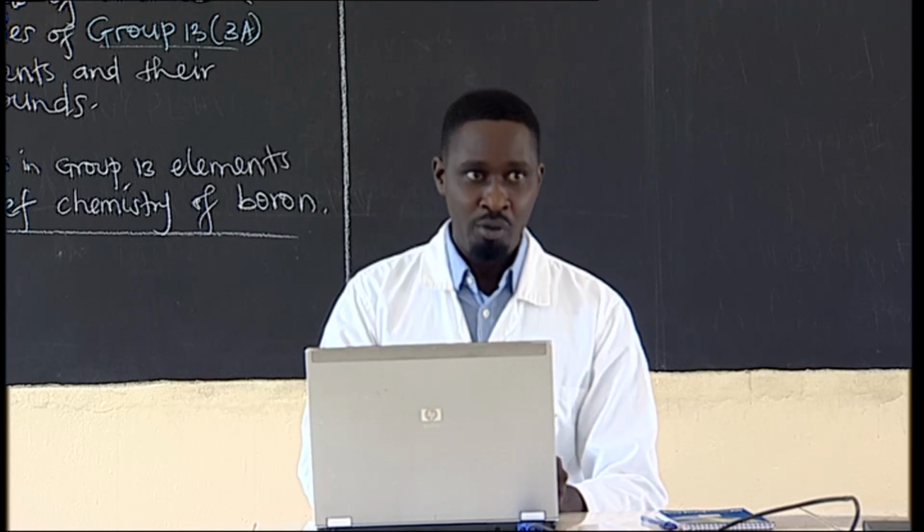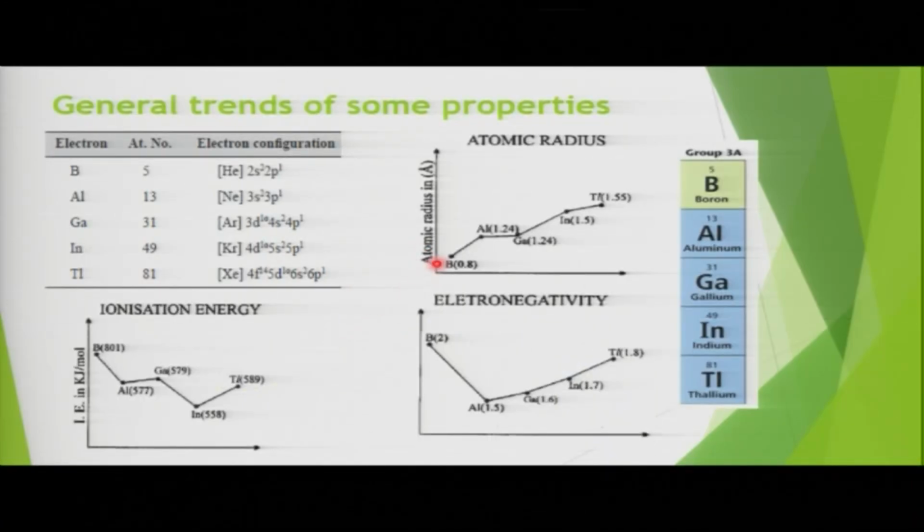That's why I want us to combine these two graphs. Again, as I told you, we can't really explain these variations without the electronic configuration. So let's start on atomic radius.